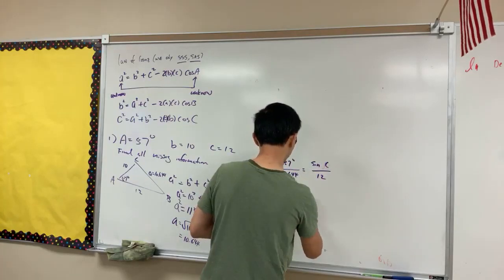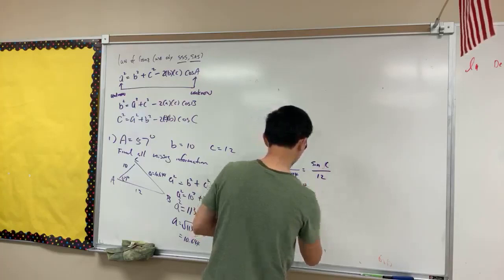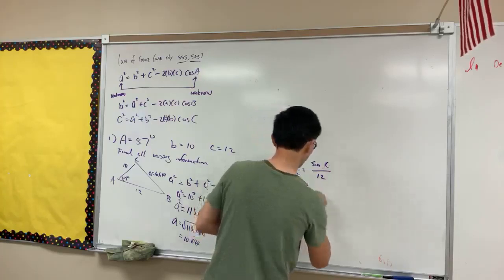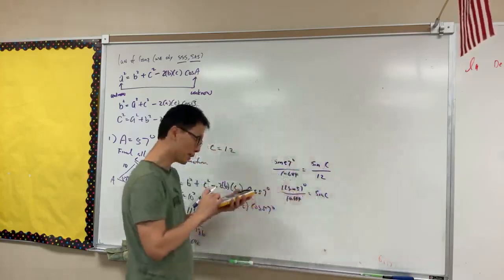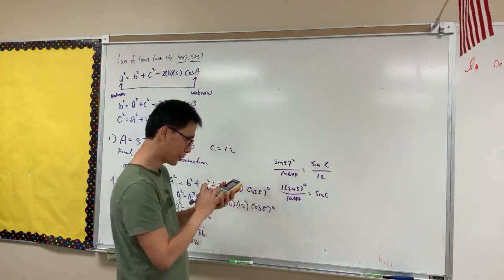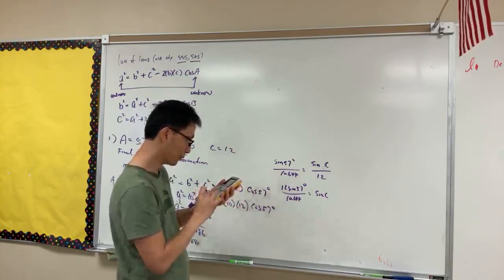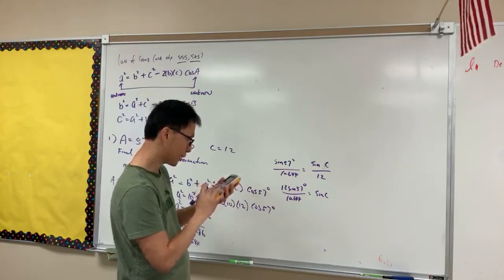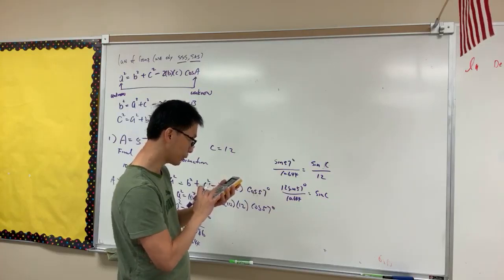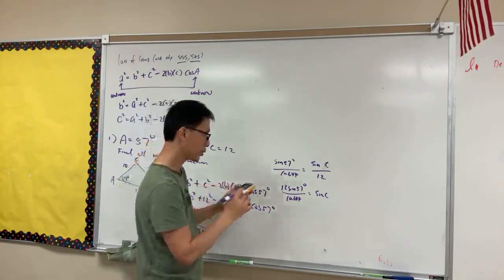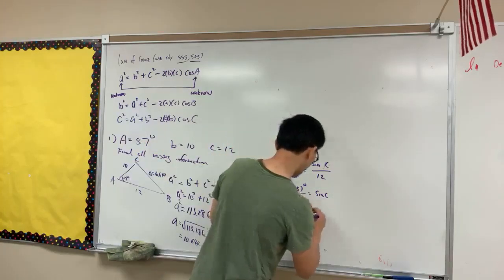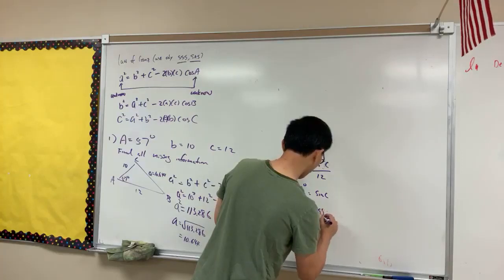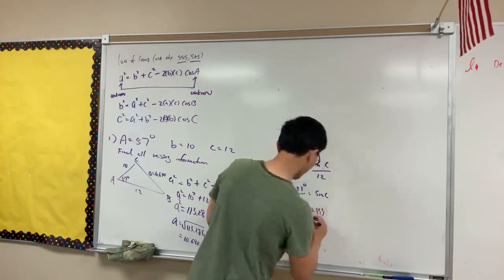So 12 sine of 57 over 10.644 is equal to sine C. And then we take the inverse, so sine inverse of 12 sine of 57 divided by 10.644. That gives 70.999, which is roughly 71 degrees.